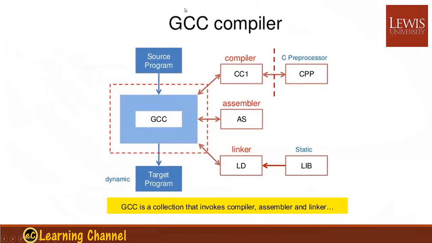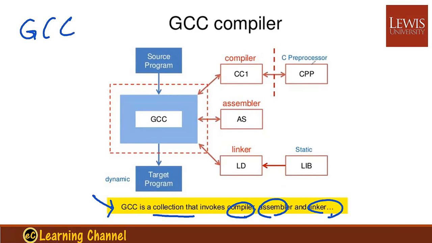So GCC is the GNU Compiler Collection, okay? It's a collection that involves compiler, assembler, and linker. So GCC is not the "GNU C compiler", even though some people think about it that way.